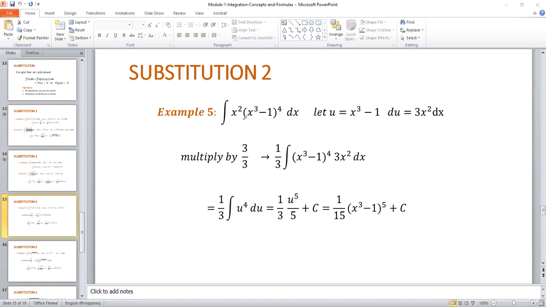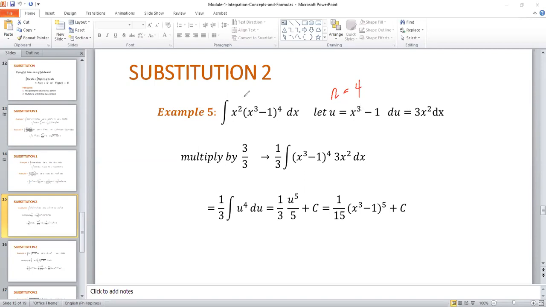Actually, class, whenever you see this expression, whenever the variable outside is of degree less than the variable inside by 1, you can check whether this could be the derivative of this one. So if you substitute u for x cubed minus 1, this entire thing, with n being equal to 4, the derivative of your u is 3x squared dx.